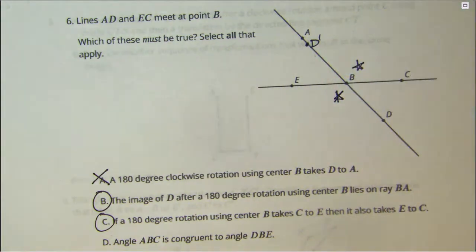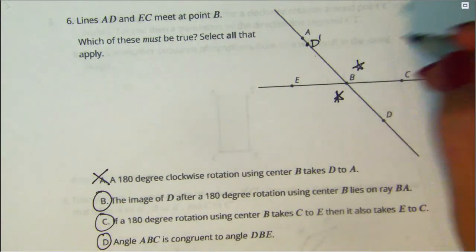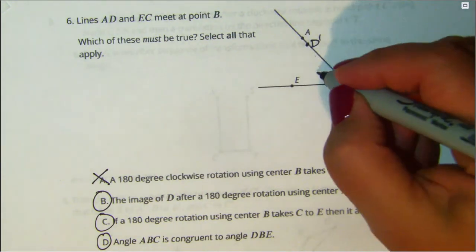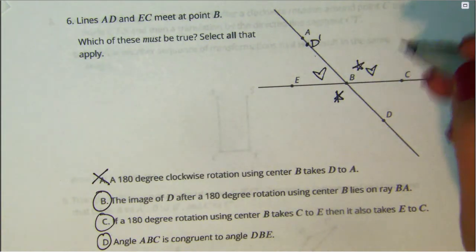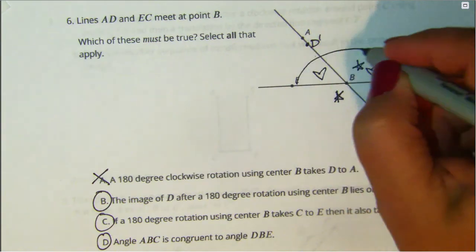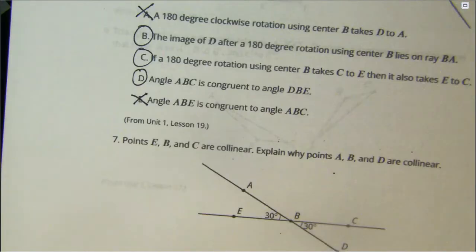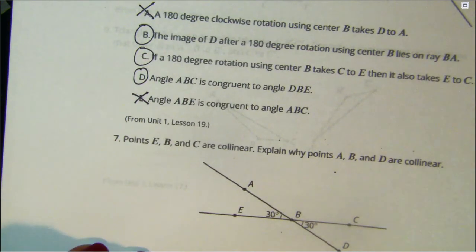Yes, those are vertical angles. Angle ABE is congruent to ABC? No, those two make a 180. All right, we're skipping number 7.